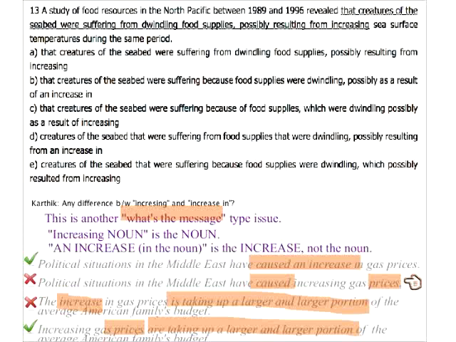The idea is not the prices, just like the idea is not the food supplies. The suffering comes from the dwindling of those supplies, just like the political tensions are causing the increase. You have to ask yourself, is it the noun or is it not the noun? If food supplies don't cause suffering, then they don't.